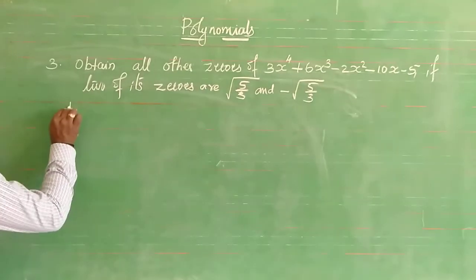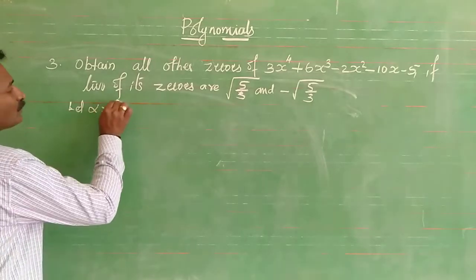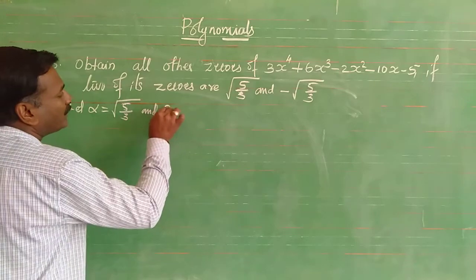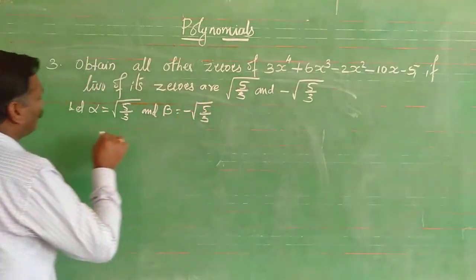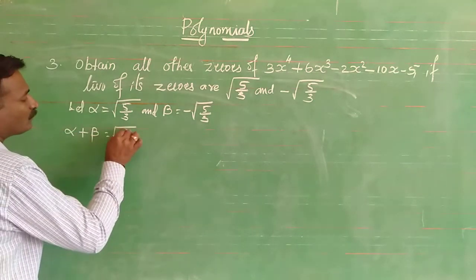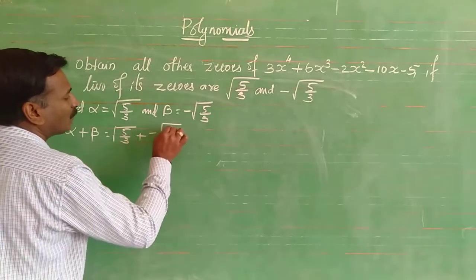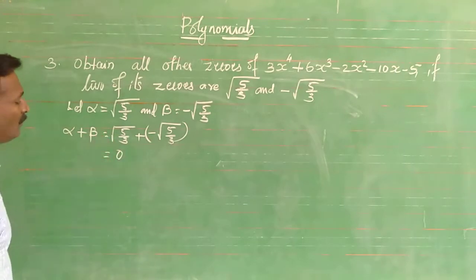Let alpha be equal to root of 5 by 3 and beta equal to minus root of 5 by 3. Now alpha plus beta is equal to root of 5 by 3 plus minus root of 5 by 3, that is equal to 0.